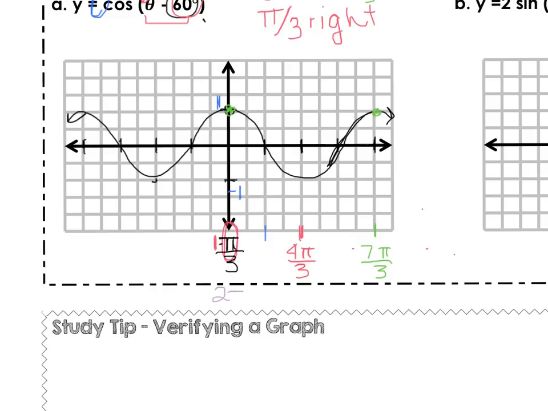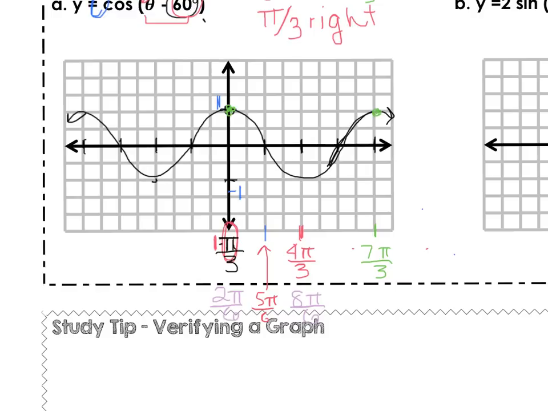Pi over 3 is really 2 pi over 6, and 4 pi over 3 is really 8 pi over 6. Halfway between 2 pi over 6 and 8 pi over 6, well, that's going to be 5 pi over 6, which is why we have a coordinate of 5 pi over 6.